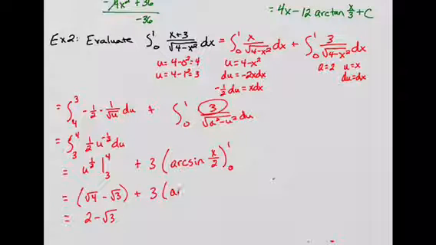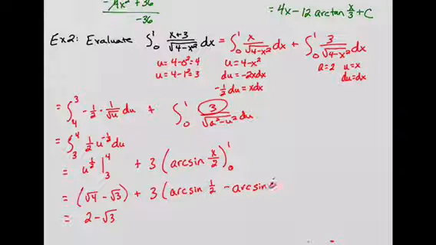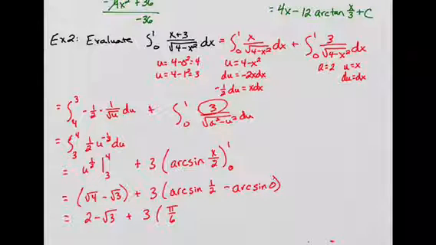So I'll take the arcsine of 1/2 minus the arcsine of 0. The arcsine of 1/2 is pi over 6, minus the arcsine of 0, which is 0.